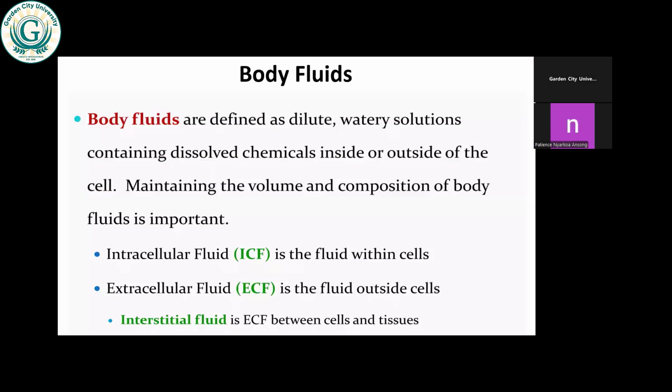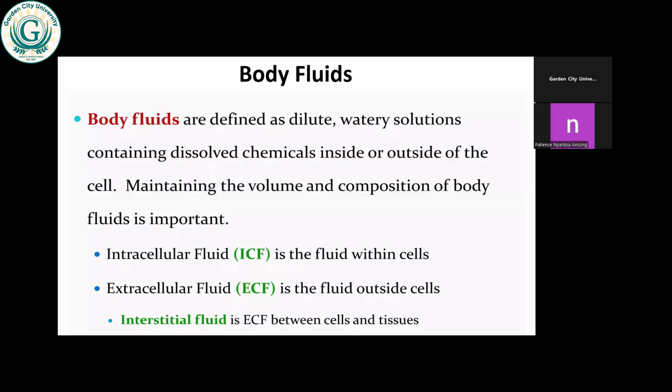We have two main types of body fluid compartments: the intracellular fluid and the extracellular fluid. Intracellular fluid is the fluid found within the cell. Intra is within, cellular is a cell. So within the cell, the fluid found there is the cytosol.